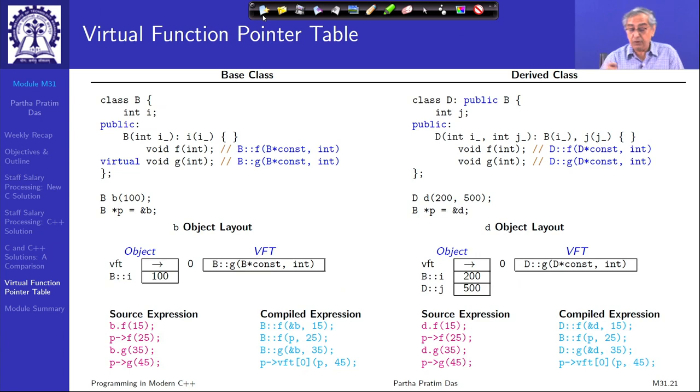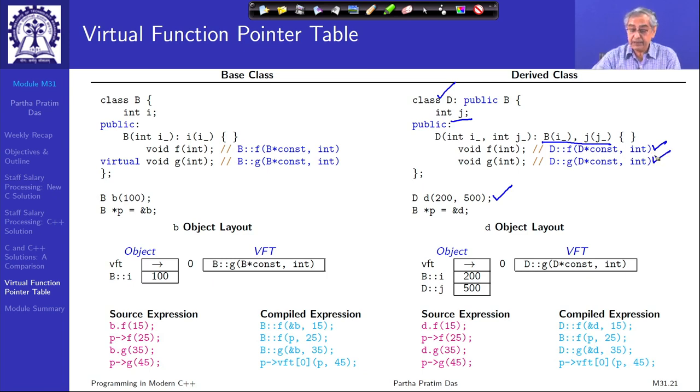So, let us look at it on the right side where I have a derived class. Now, D is derived from B, it has another data member j, I have instantiated D, naturally D is constructed in the proper way. What D does, it is overriding the function f, the non-virtual function, in D, that is fine.